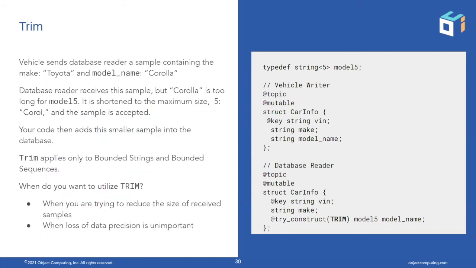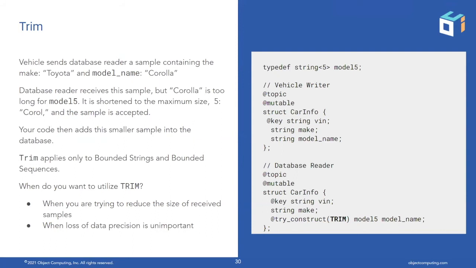So when a vehicle sends your database reader a sample containing the make Toyota and the model name Corolla, your database reader will receive this sample, but Corolla is longer than 5 characters, so it will be shortened to just Corol, and then the sample will be accepted. And so you will now have the smaller sample put into your database, saving some space.